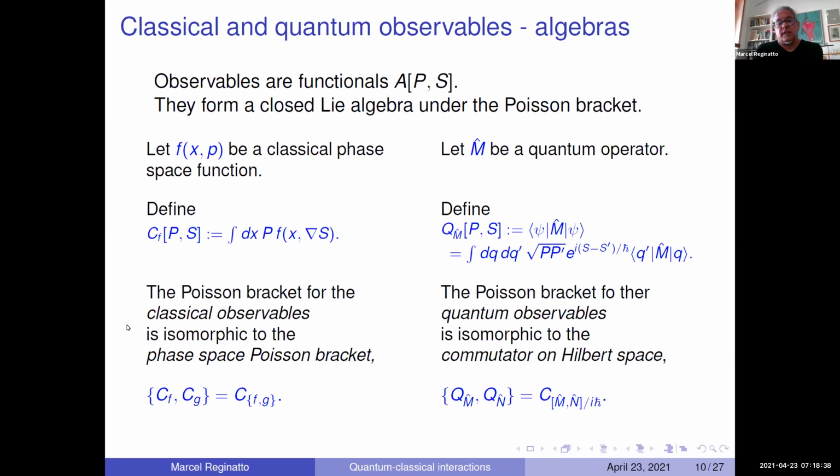You have a Lie algebra structure, and it reduces to the usual Poisson brackets of particles in the case of a classical system, and it reduces to the commutator algebra in the case of a quantum system. So you're carrying all of the algebraic structure of each of these theories into this common space.